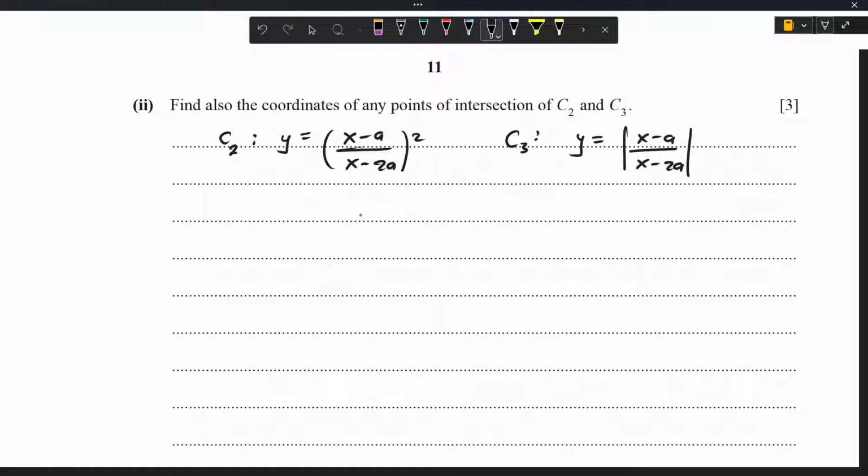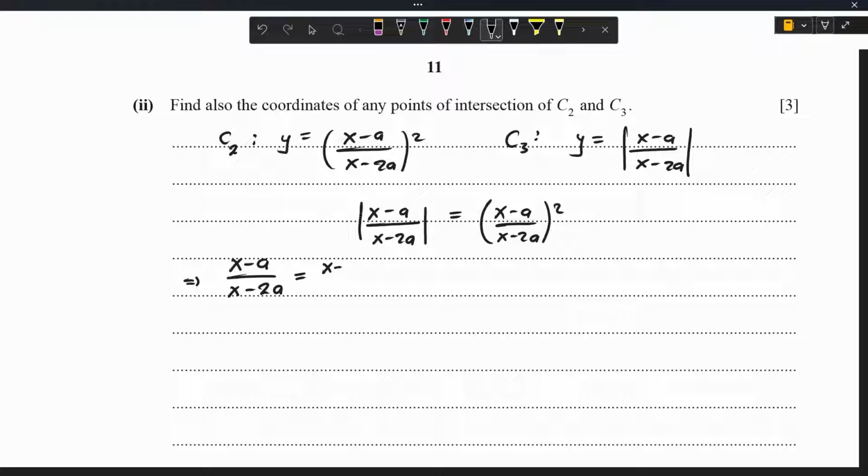So the point of intersection is where these two curves intersect, where mod of x minus a over x minus 2a is equal to (x minus a over x minus 2a) squared. So if we use the plus or minus method, we'll be having x minus a over x minus 2a being equal to (x minus a over x minus 2a) all squared.